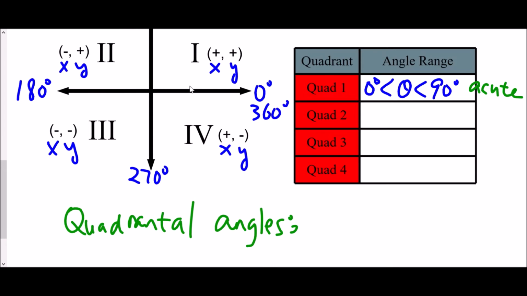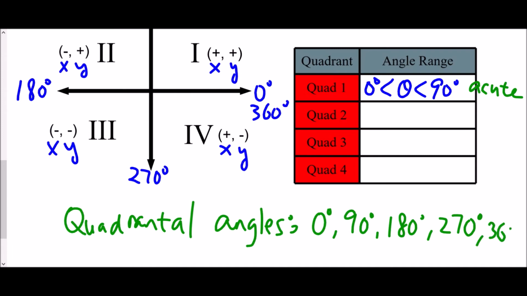That means 0 degrees, 90 degrees, 180 degrees, 270, 360, so on and so forth.